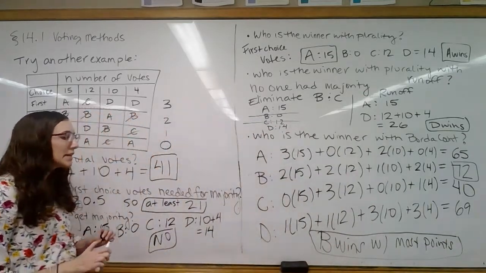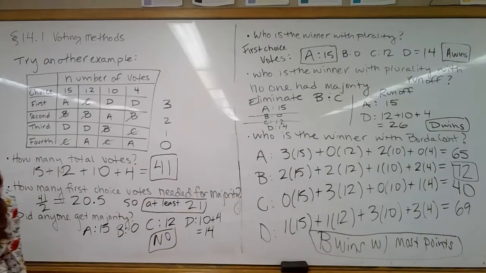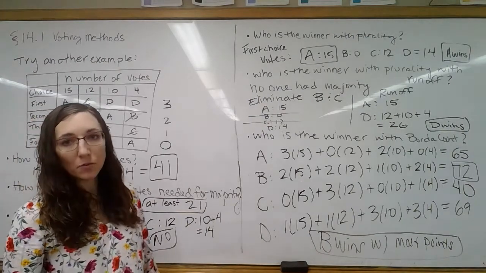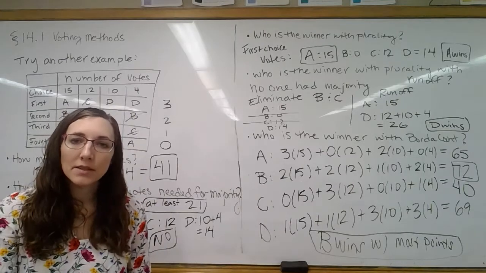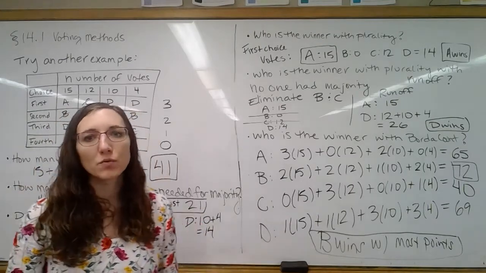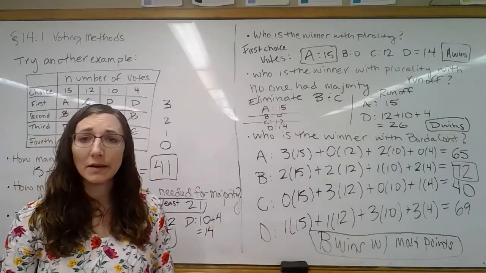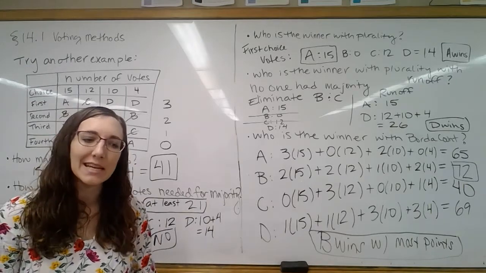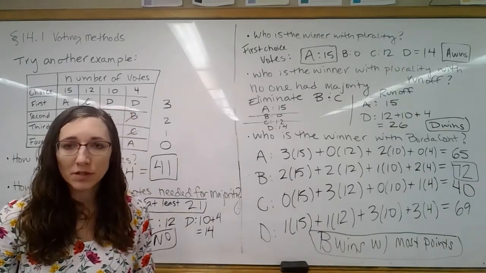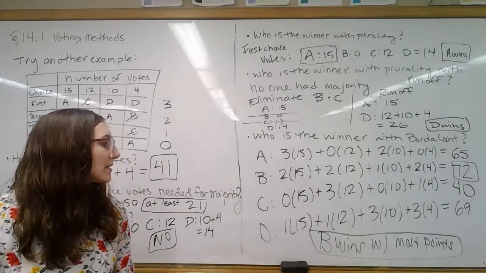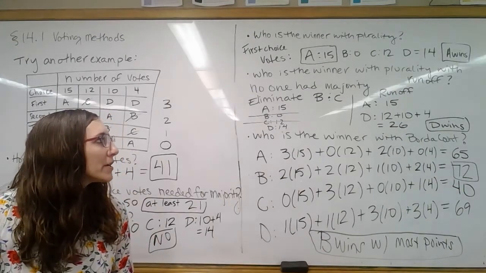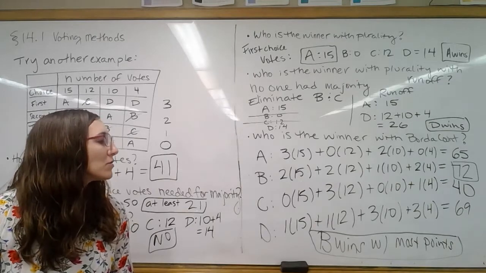So again, it's kind of interesting that we did have a variety of winners depending on what method we use. That's not always the case. There's definitely examples where these different methods will give the same winner, but we're trying to see interesting examples. So we're somewhat purposefully picking examples that have different things happen. A couple interesting things with this one to point out.